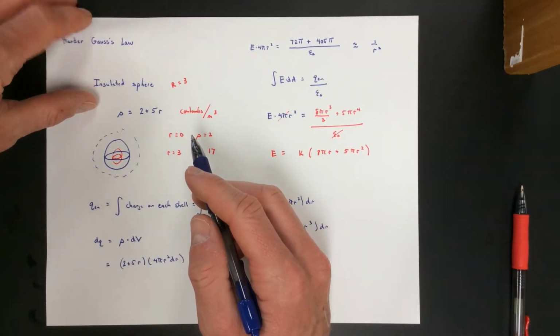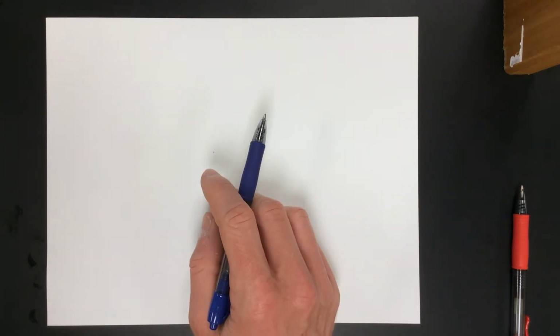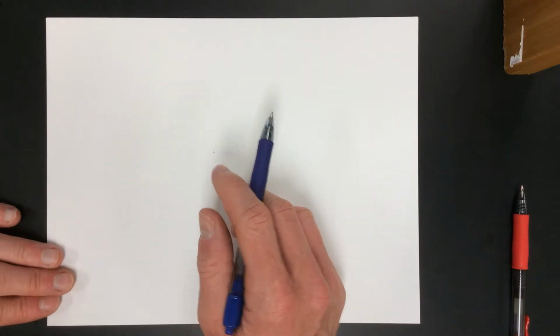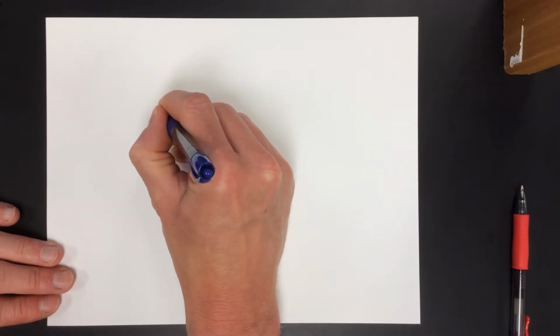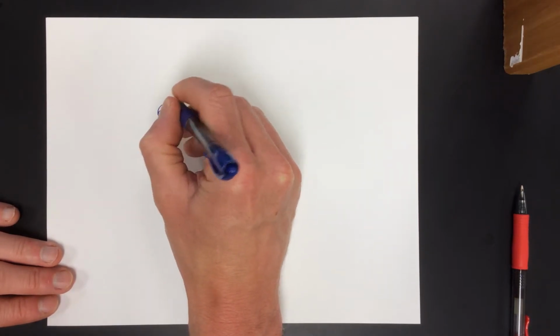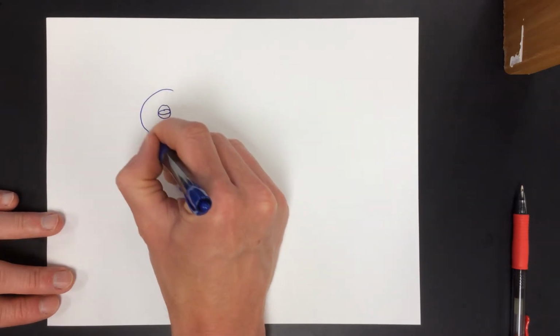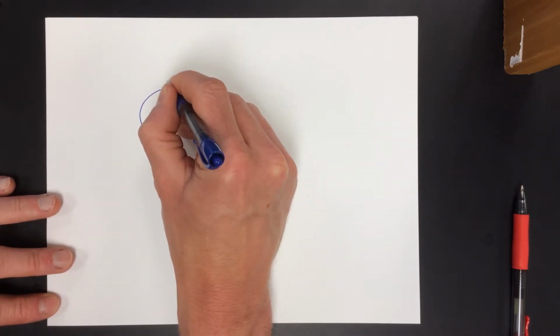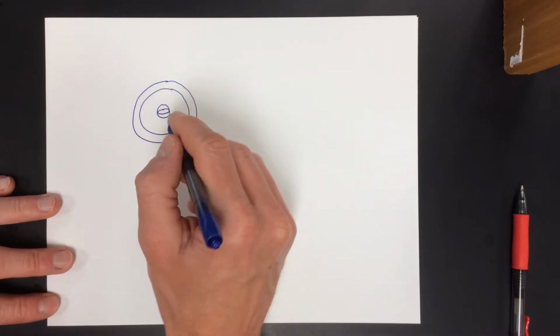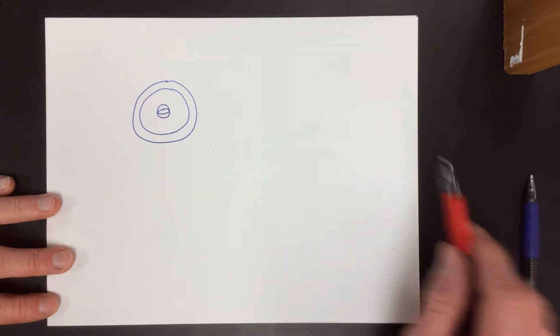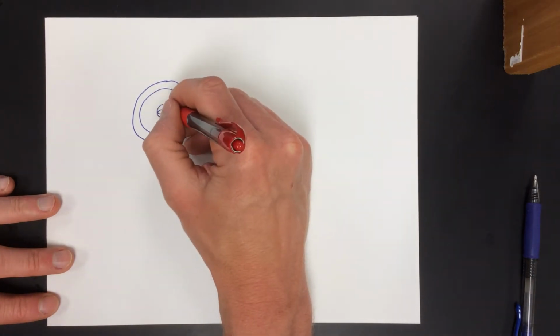And the other one that I'd like to at least reference is one where you have some charge enclosed, and we'll make it metal. Kind of make things easier. So this is a metal, and on the outside of this, we have a spherical shell. So this is some sphere, and it's metal.